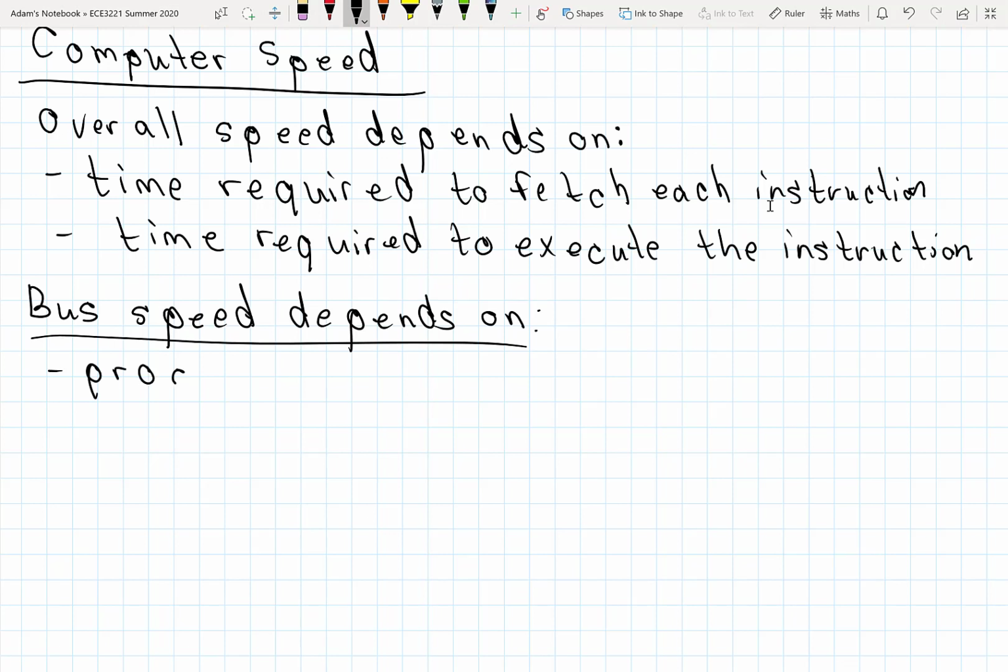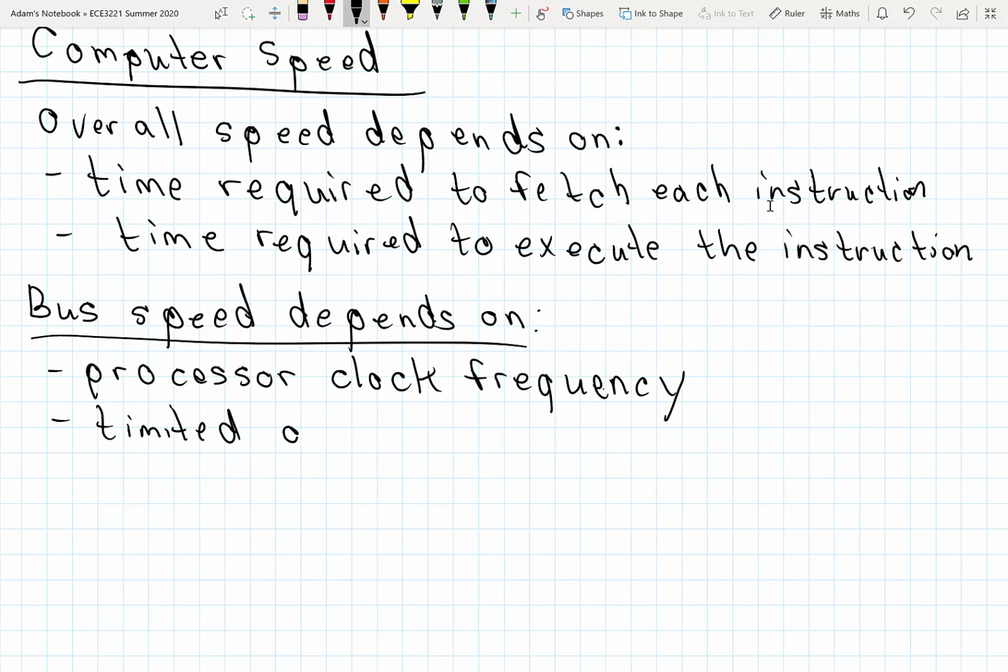It's going to depend on the processor clock frequency, and it's going to be limited by the access time of installed memory circuits.